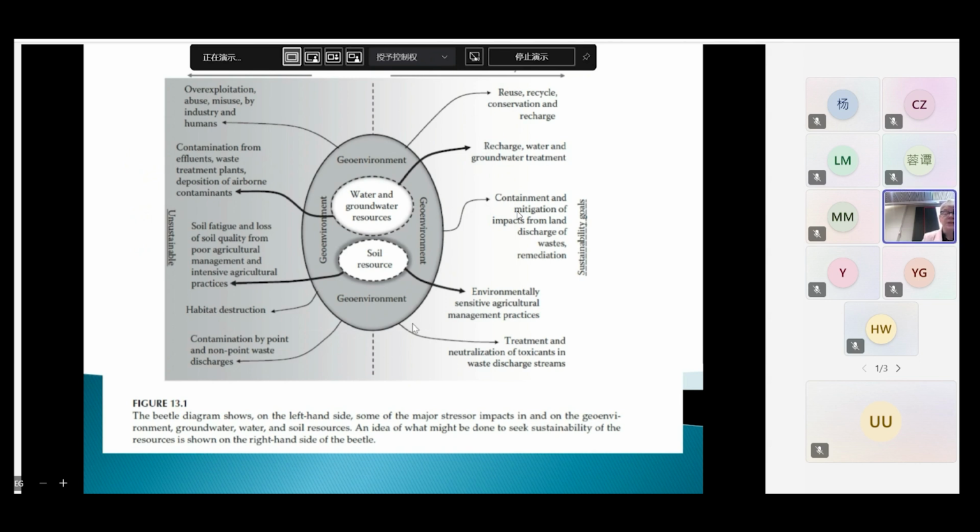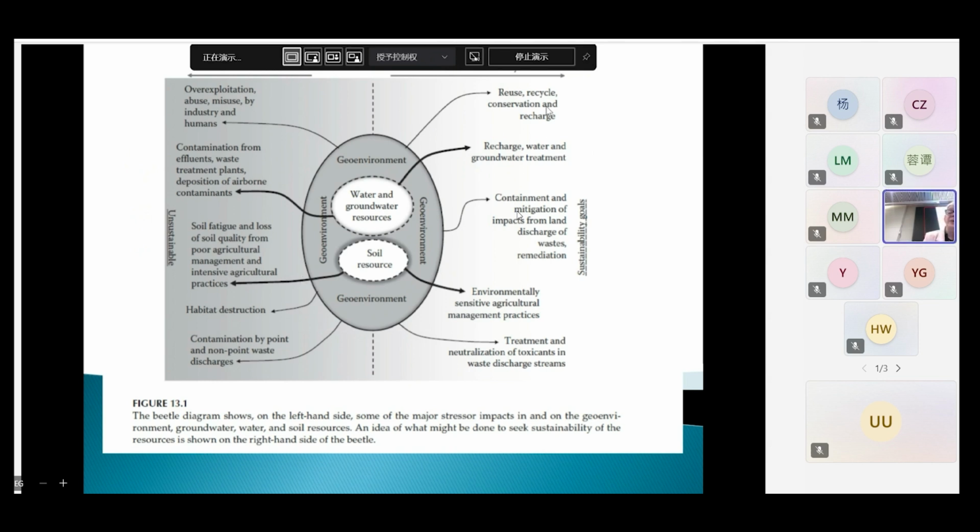Yeah, so all of these are the unsustainable part: too much contamination, too much waste, too much effluent going into the water, too much destruction of habitats, too much discharge of contaminants.